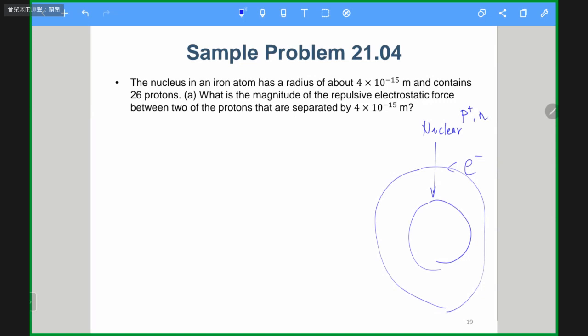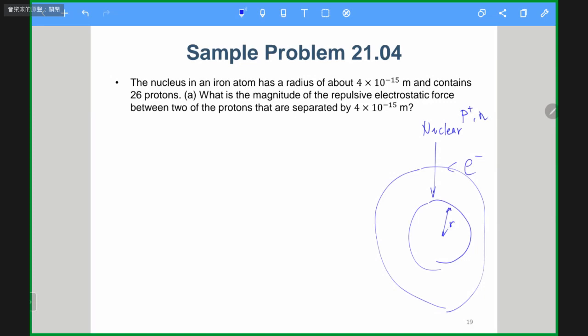The protons and neutrons cannot really move; they can just oscillate in that area.